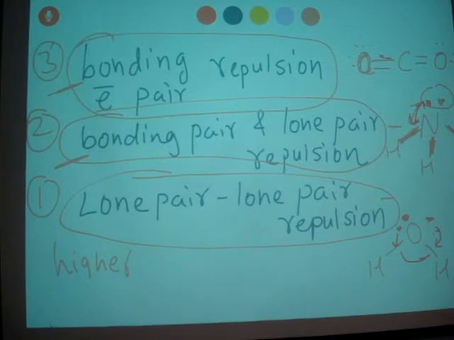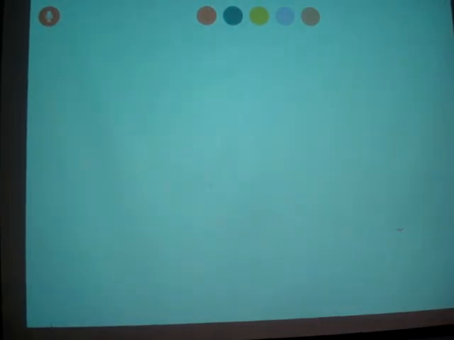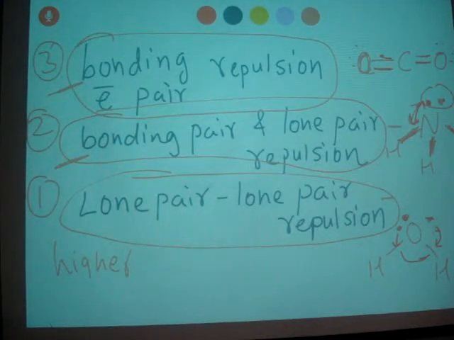Here they are equally pushing on the bonding pair electrons. So there are some steps that we need to follow, and I'm going to write those steps. The bonding pair repulsion is the only one when you don't have any lone pair on the central atom.